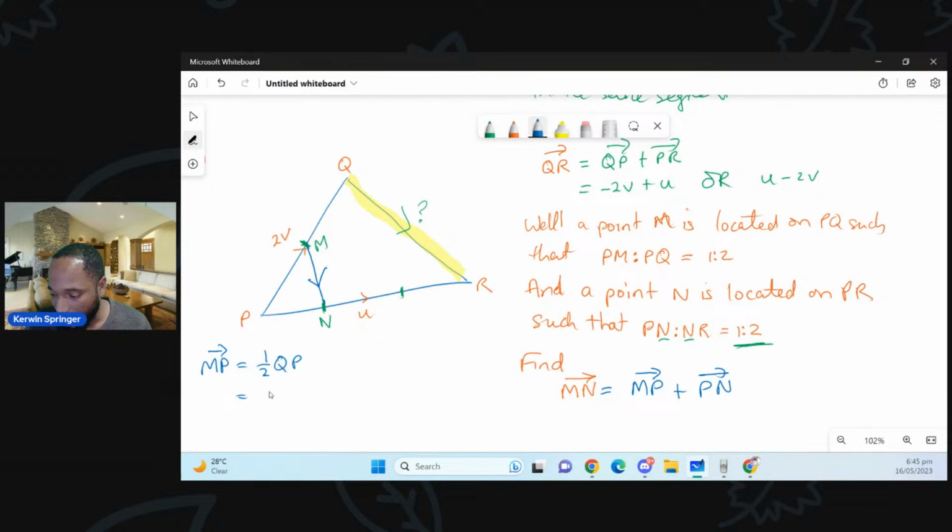So it's half of negative 2v, which is just negative v. Agreed? And what is M to N? No, P to N. P to N is 1/3 of P to R, so it's 1/3 u. So therefore, this is minus v plus 1/3 u. Say yes in the chat if you understand.